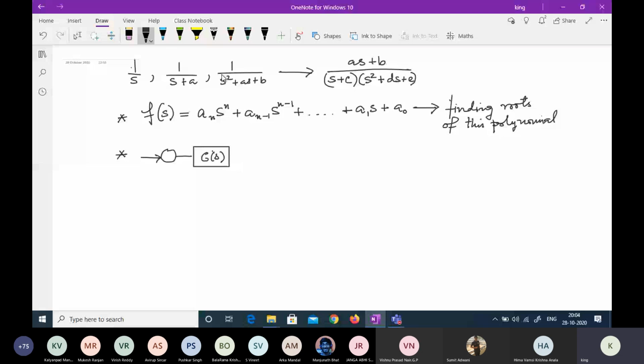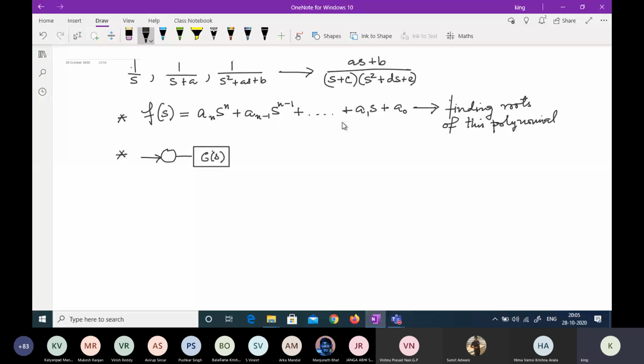So what I was stating is you have been dealing with this kind of stuff. You have been doing the Laplace transform of this and this kind of stuff, then moving on to complicated stuff like this. And what you have been doing is you have had to deal with factorization of a polynomial in S like this. What does factorization mean?